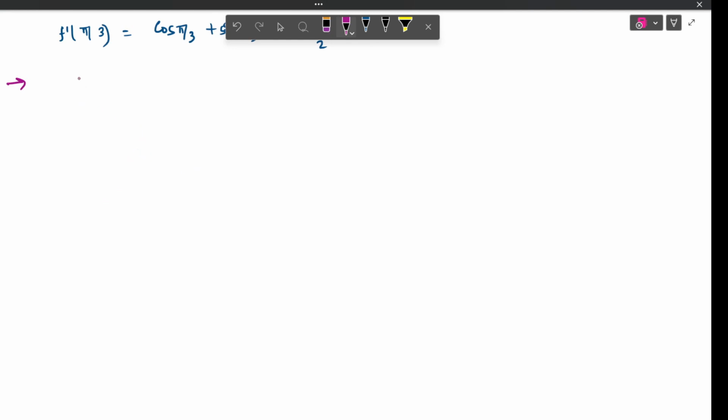So the formula that will be used here, I will write. Sin inverse x plus minus sin inverse y. The formula is sin inverse of x into root under 1 minus y square plus minus y into root under 1 minus x square.